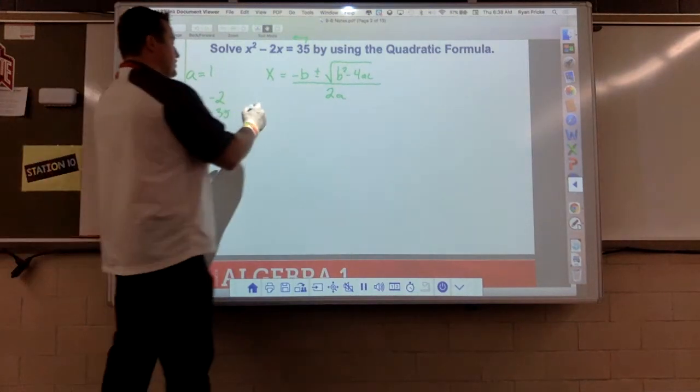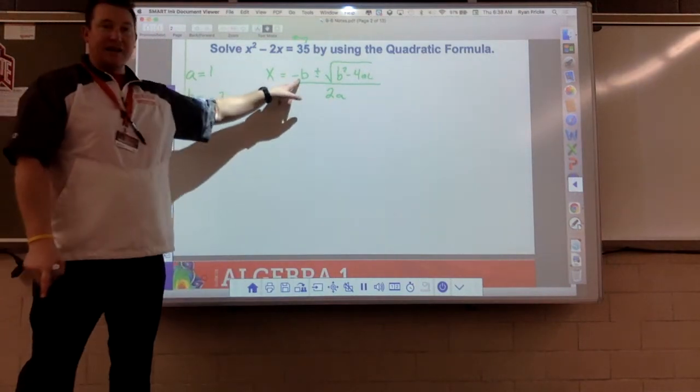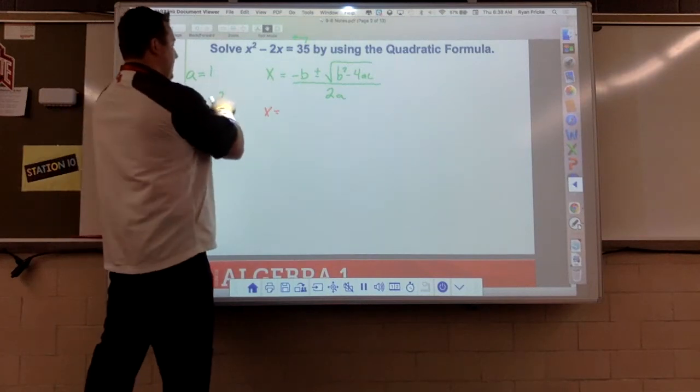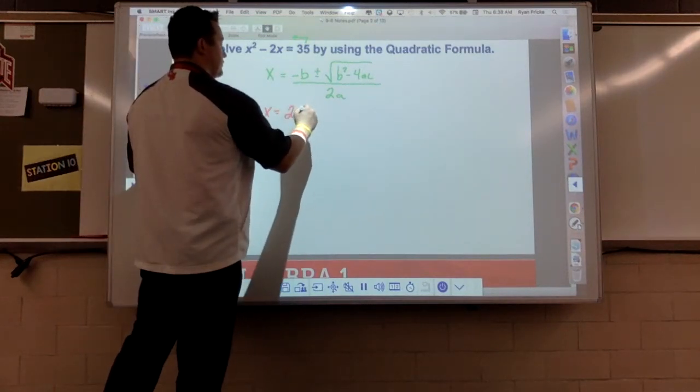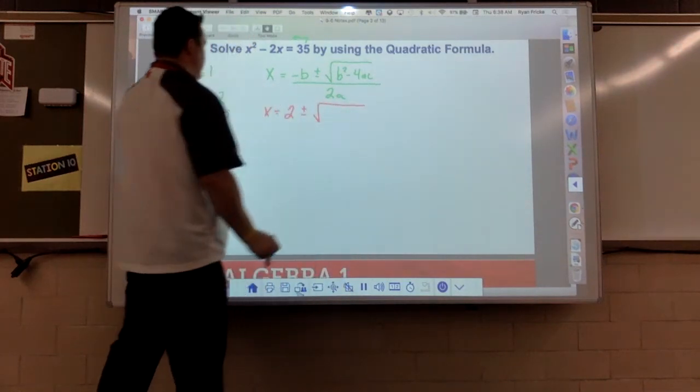So it should look like this. x equals the opposite of b. Some people say negative b, but b is already negative, so that can create confusion for some of us. So I want the opposite of this number, 2, plus or minus b squared.